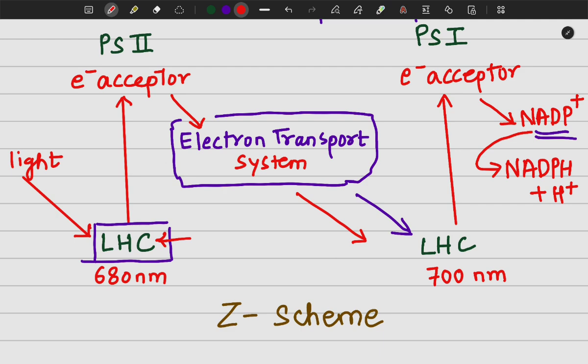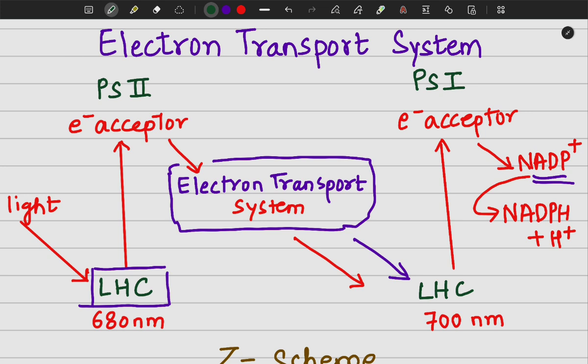Alright, so the 4 electrons which are produced by the photolysis of water are provided to the photosystem 2. These 4 electrons move back to the photosystem 2 to compensate for the loss of electrons. Alright, so the photolysis of water or splitting of water is associated with photosystem 2 only.